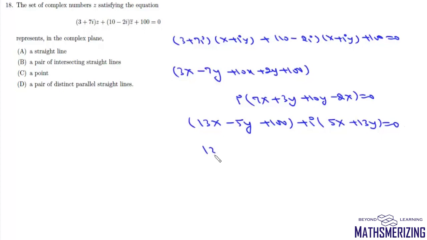So the conditions will be 13x minus 5y plus 100 equals 0, and then 5x plus 13y equals 0. Now these two conditions must be simultaneously true. So if we solve these two linear equations, we'll get a point. So the answer to this question: the set of complex numbers z satisfying this equation will be a point, and that's your option number C.